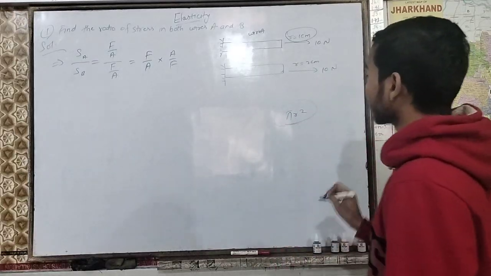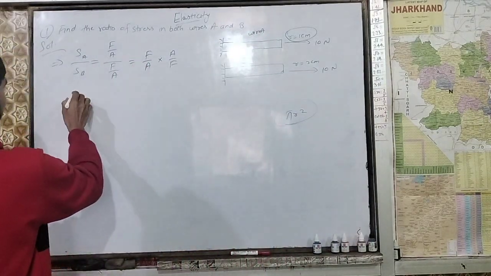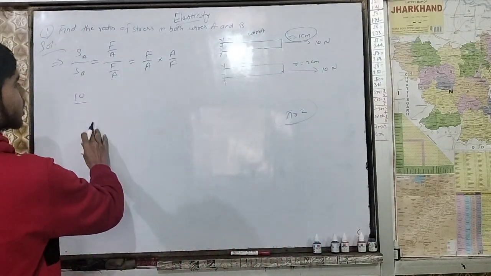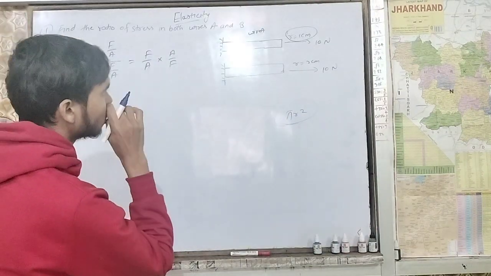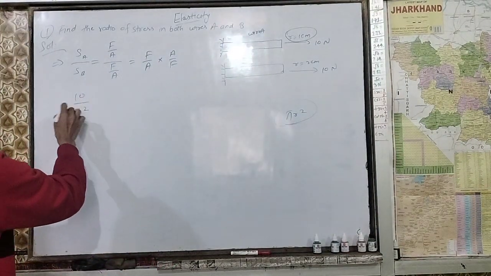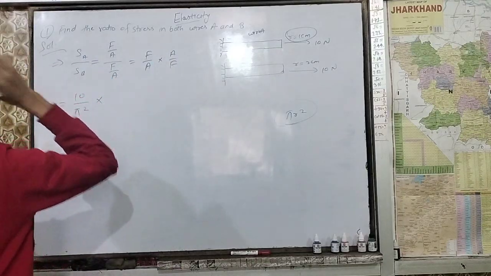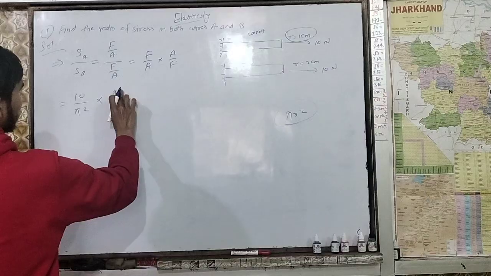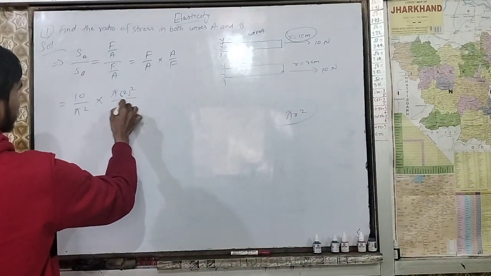In that equation we will have to substitute the value of r. Don't write r directly. So F is 10, area is pi r square. So pi times 1 squared, multiplied by area pi times 2 raised to power 2 upon F. F is 10.